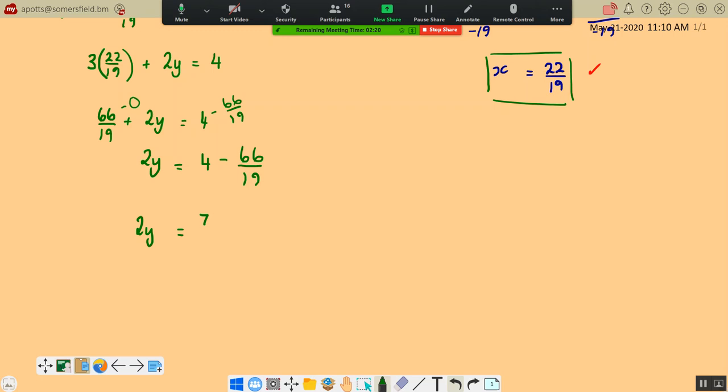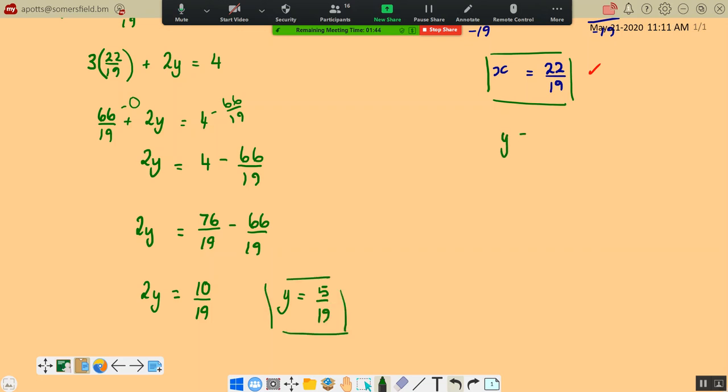So 76 divided by 19 is 4. So then we subtract 66 over 19. So we get 2y's is equal to 10 19ths. Yeah? Everyone good? Jack is? Yeah, okay. Well, if 2y's are 10 19ths, what must 1y be? 5 19ths. Okay. So I can put that as my other solution.